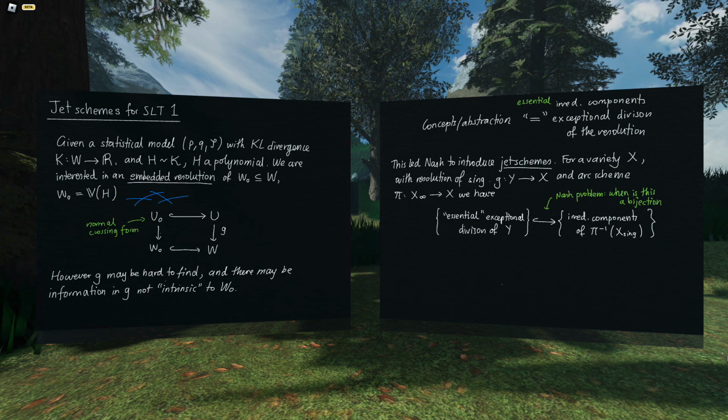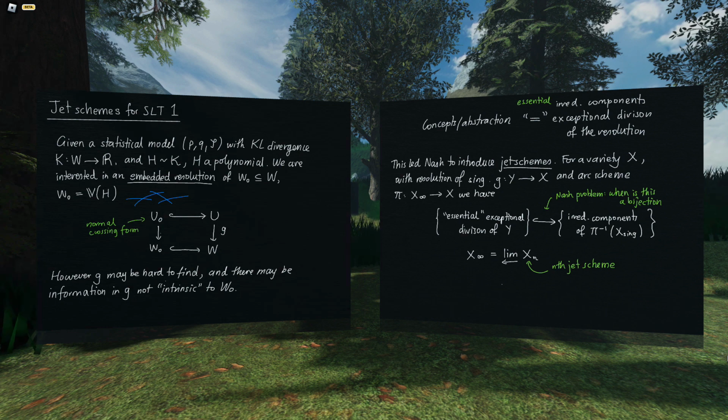There's no jet schemes here, I guess, as it stands. So X infinity is an inverse limit of Xn's. The Xn's are called the nth jet scheme. Right, so the arc scheme, I misspoke before, the arc scheme knows the essential exceptional divisors of any resolution of singularities.